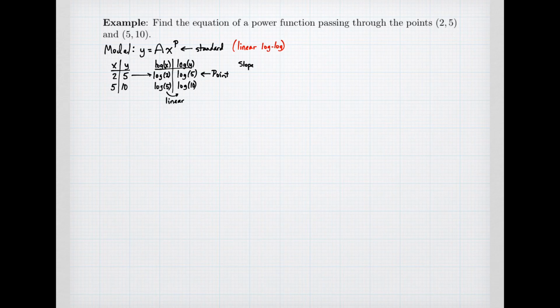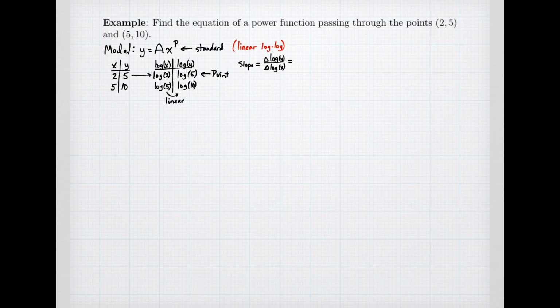So the slope is the change in the output variable, which for us is the log y, and we divide it by the change in the input, and for us that was log x. The reason I'm not saying delta y and delta x is I'm working with my transformed variables. So when I find the slope, the change in the log of y, I'm going to subtract the values log of 10 minus log of 5.